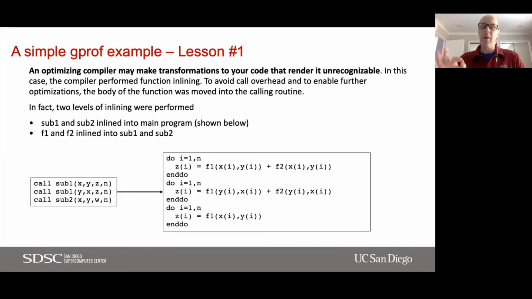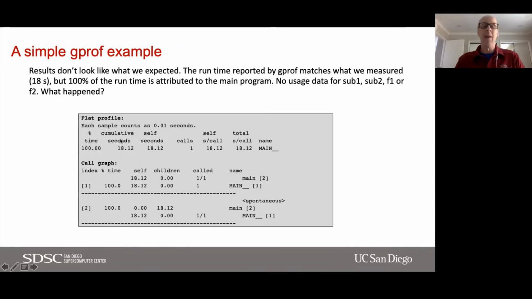And those function calls, F1 and F2, in turn are going to be replaced by the actual code for F1 and F2. Then the compiler is going to do the optimization on that transformed code. So that's why we see all of the usage here. If you look at the fifth line, you see that 100% of the usage is in main.